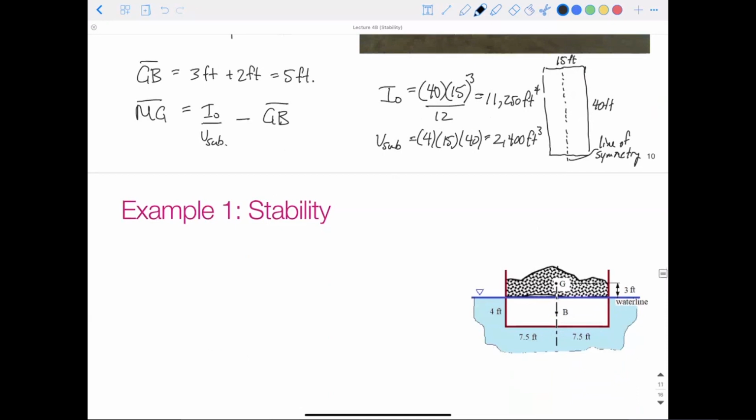So we can rewrite MG as equal to 11,250 over 2,400 minus GB, which is 5 feet.